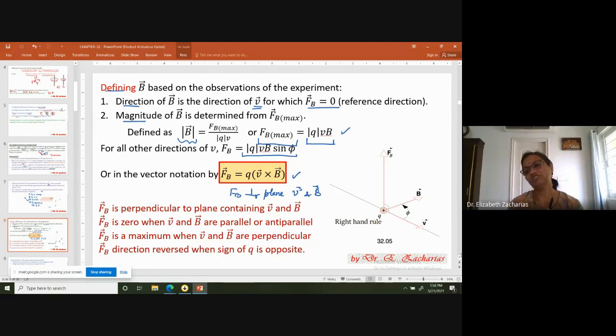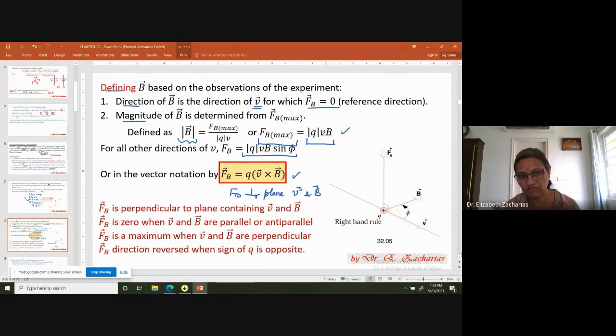It's a positive charge moving along the V vector. Put your right hand so that the base of your right hand is sitting on the velocity vector, and turn your fingers along the small angle towards the B vector.